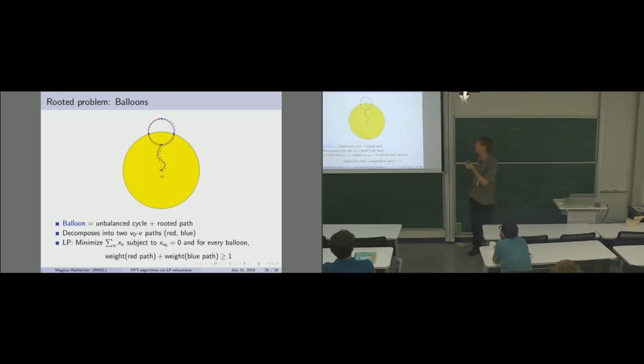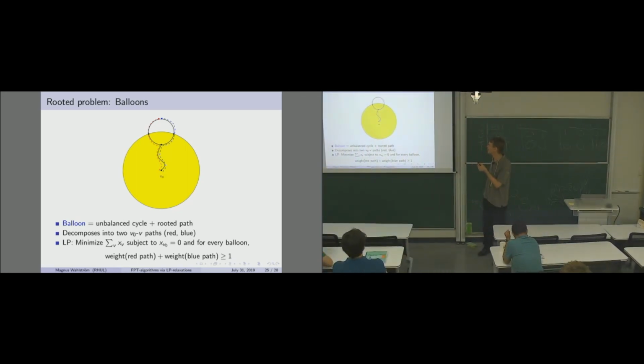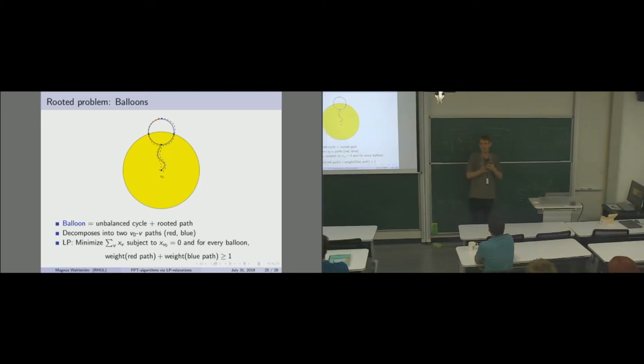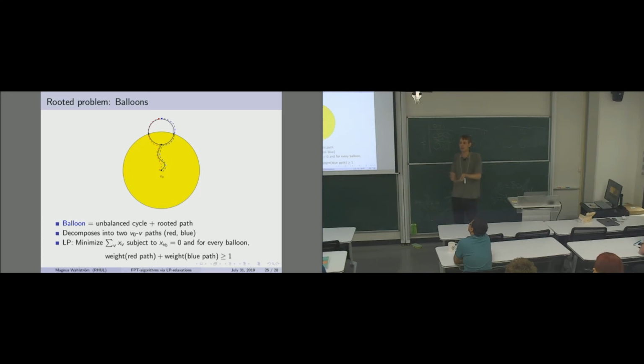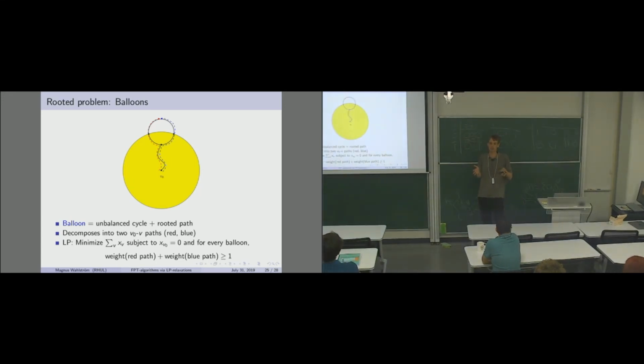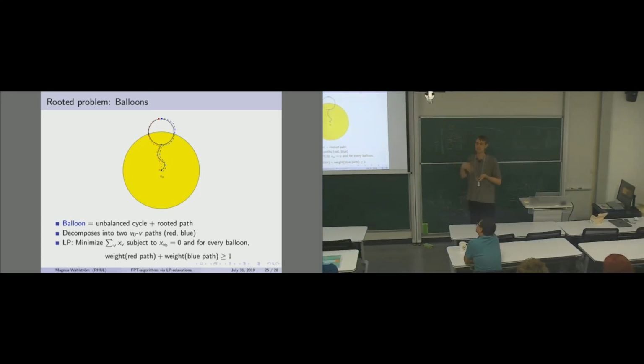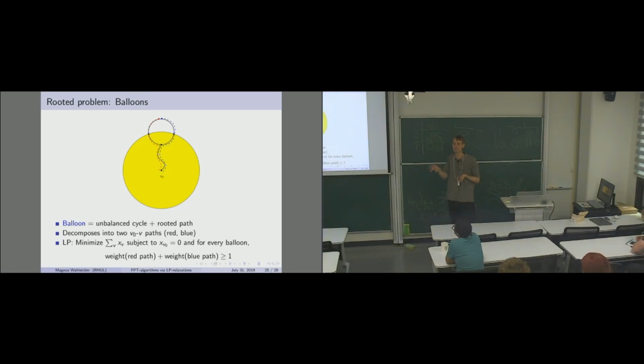It turns out you can always just pick one edge on the balloon, ask for the shortest path to the one vertex, shortest path to the other vertex, and ask if they add up to a value less than 1. And if you disturb your assignment by arbitrarily ordering the vertices to make the shortest path unique, then this is a polynomial time way of finding a bad unbalanced cycle.